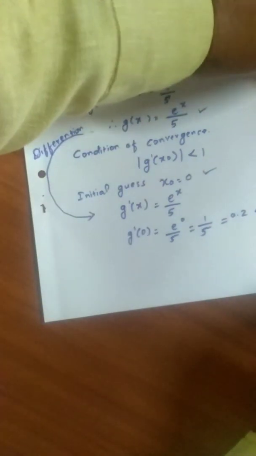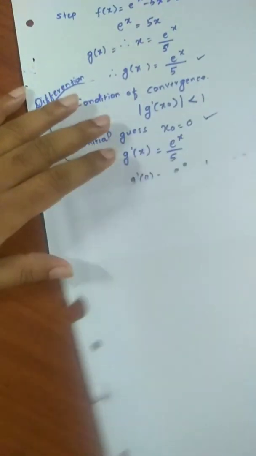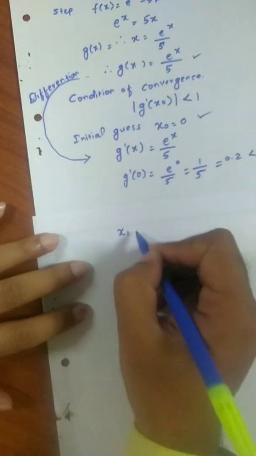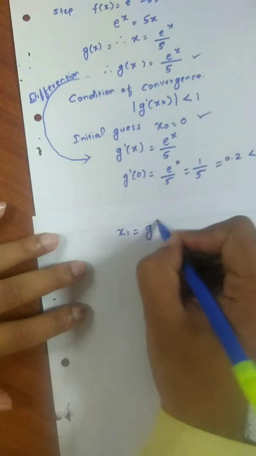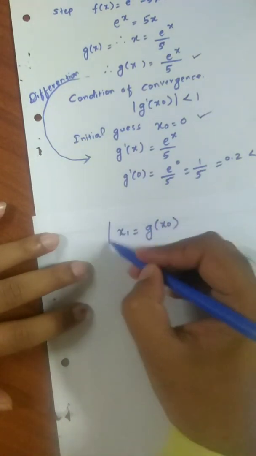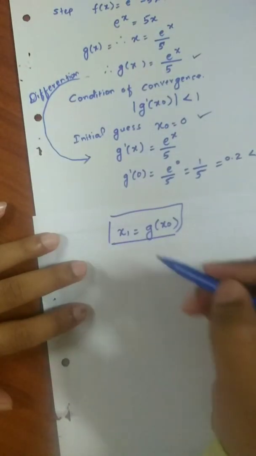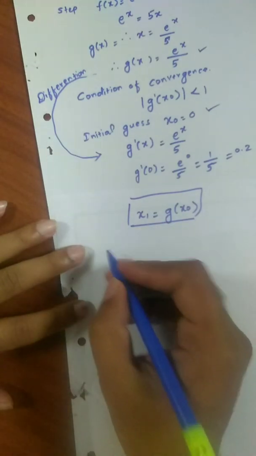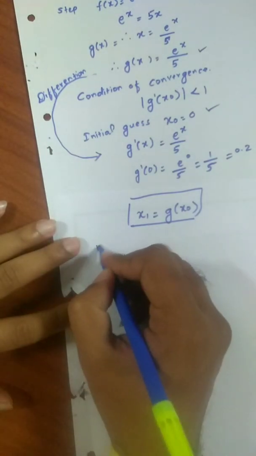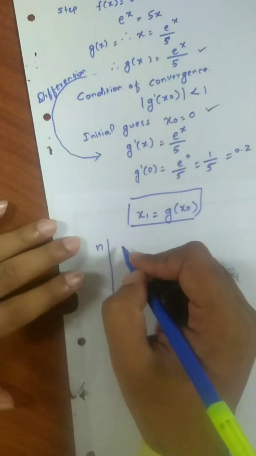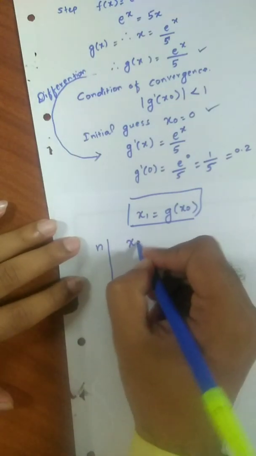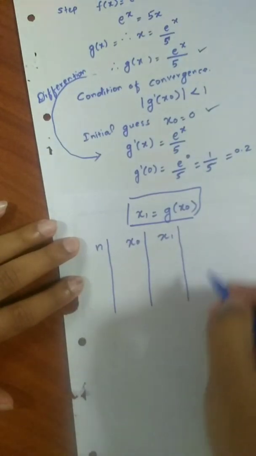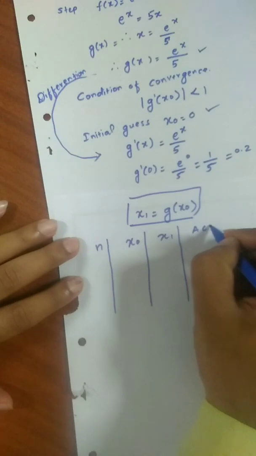Now let us move on to the calculation part. How to calculate the root of the equation in successive approximation? The value of x1 is equal to g of x0. This is the formula for finding the value of x1. Further you need to draw a table consisting of a column n, that is iteration, x0 the initial value of x, x1 the root of the equation, and the accuracy.